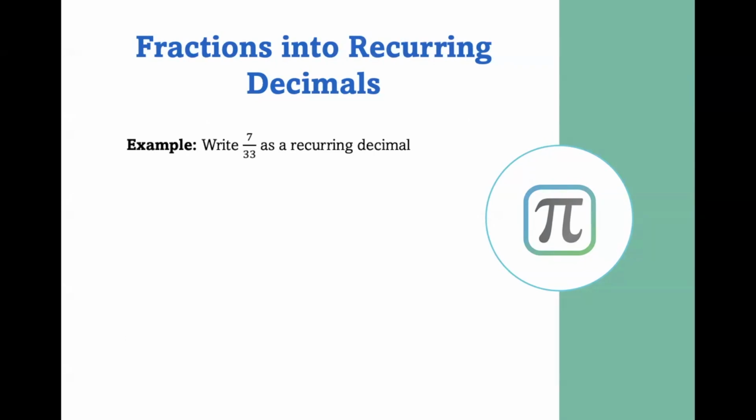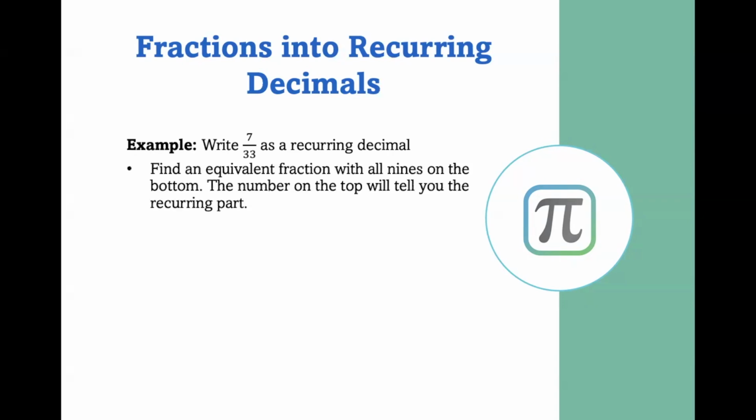You may, in an exam, actually be asked to do it the other way around. So convert a fraction into a recurring decimal. We have an example for this as well. Write 7 over 33 as a recurring decimal. Now, if the examiner is asking you to do this, hopefully they'll give something which you can quite easily convert into a fraction that has all nines on the bottom in the denominator.